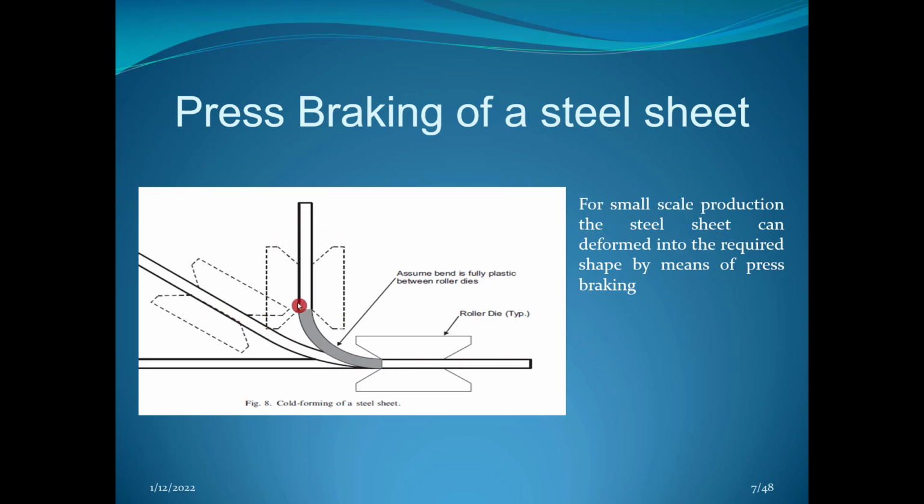For making an angle section, you first place the steel sheet like this, and by keeping a roller die here, which prevents the movement of this portion, you apply pressure to the other portion to make it into an angle section. The pressure is applied in subsequent steps to form different cross sections. If we apply one more pressure at a particular point here, it can be bent into a channel section. So that is about the pressing of cold formed steel.